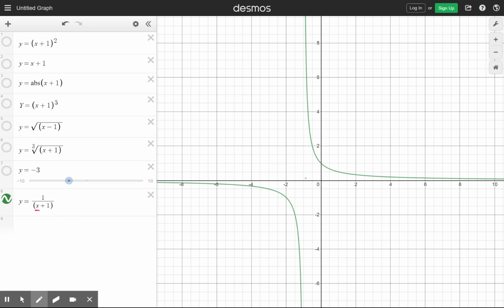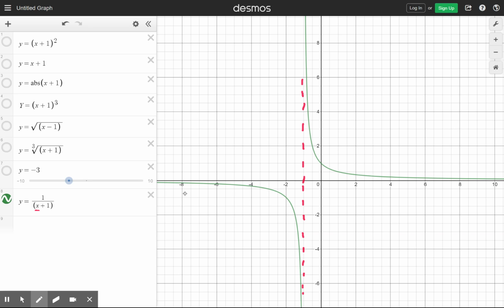But that matches up with the graph right here, that where x is -1, you have an asymptote. The graph never touches anywhere where x is -1, and it's never even going to cross it when we have a vertical asymptote like this. So again, you see how the math matches up with the graph.